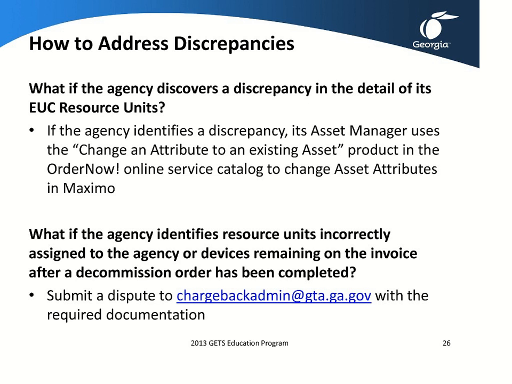Now these are just details to the assets and generally would not constitute a dispute. It would be a change that the agency would need to make to the detail.